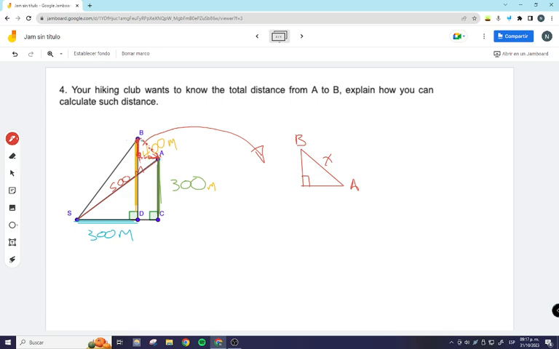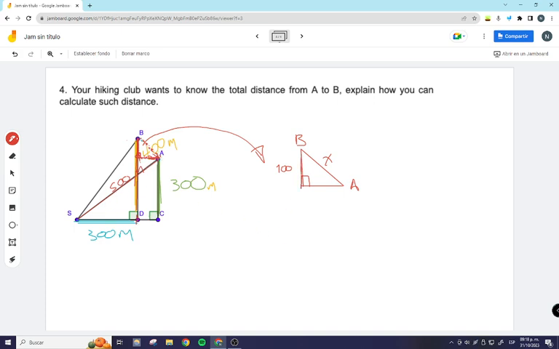Actually, yes, because look, this big distance is 400, and this small distance is 300. And from here it's also the same, no? If this is 300, this is also 300. So 400 minus 300 is 100. So this is 100.